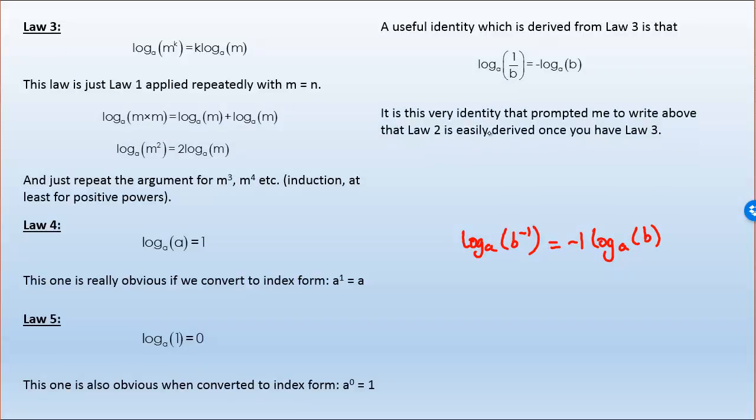It is this very identity that prompted me to write above that law 2 is easily derived once you have law 3.